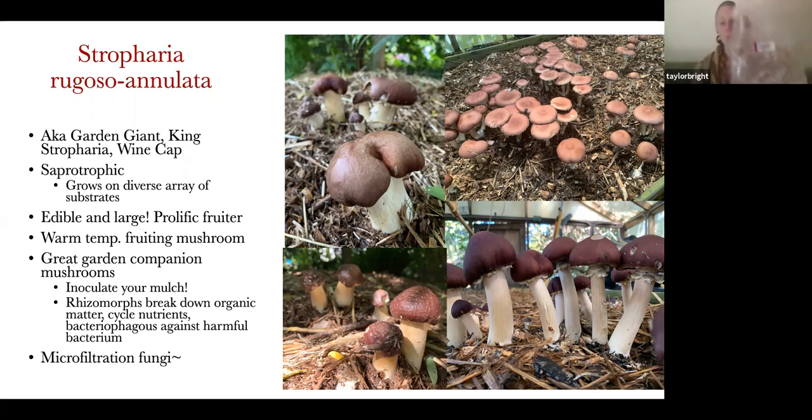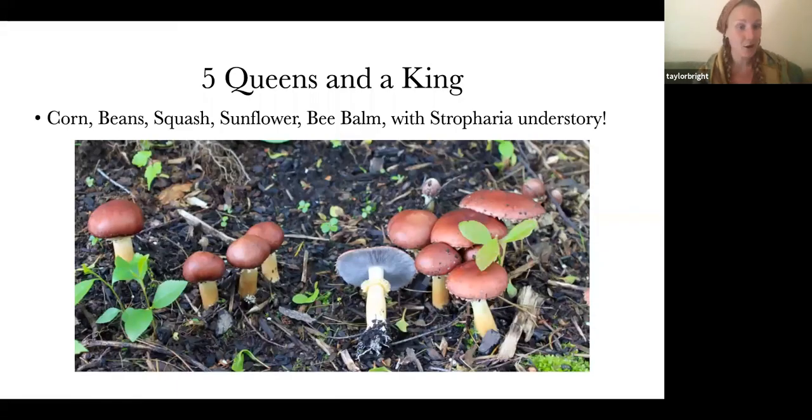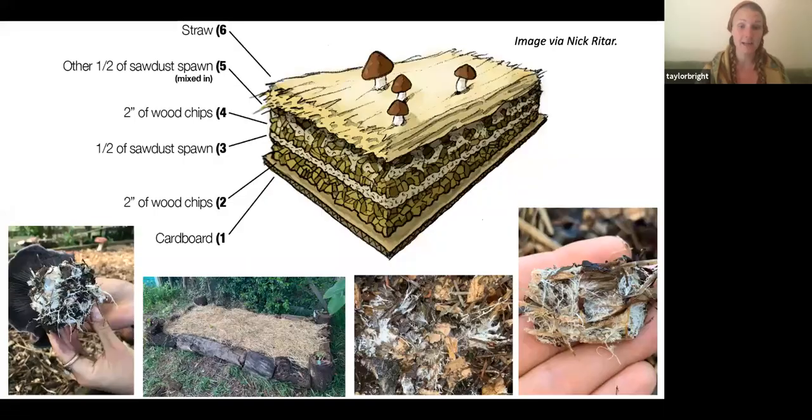And what I do commonly is just make these mushroom beds, which is just layers of cardboard and mulch and straw. And then you sprinkle the spawn in all those layers, and you can grow your very own Stropharia at home or in your garden.